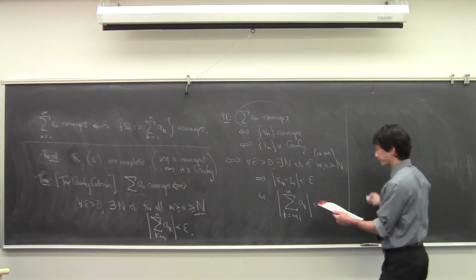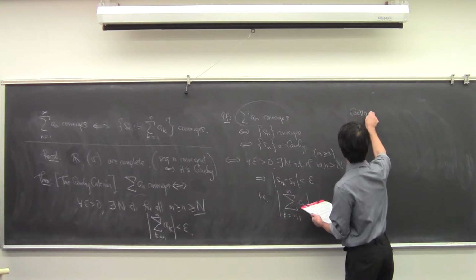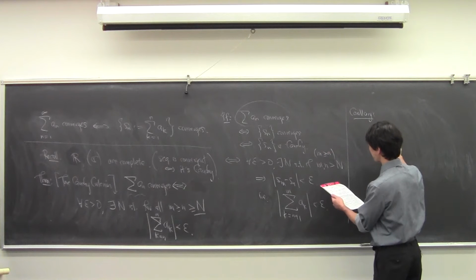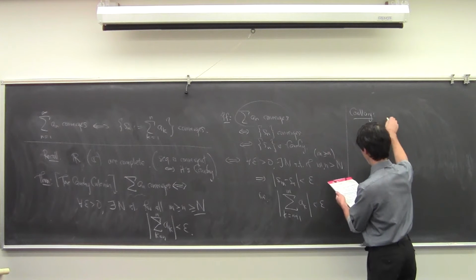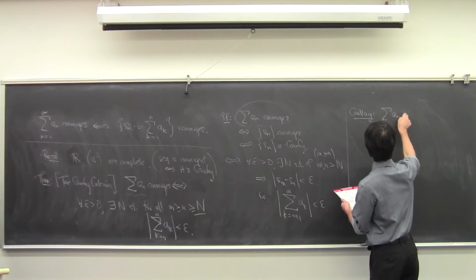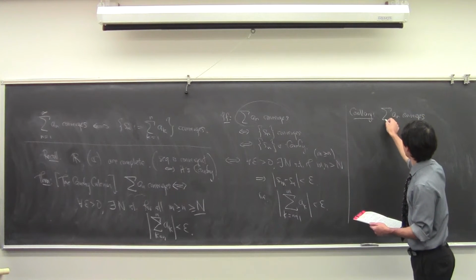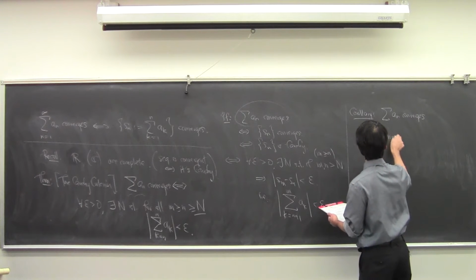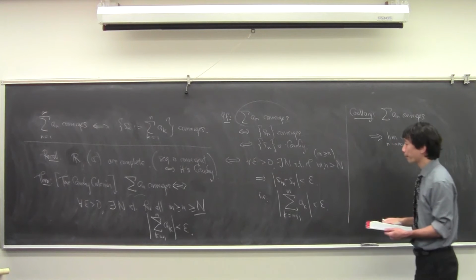Okay. So, in particular, if a series converges, then you know that the limit of a sub n is 0 as n goes to infinity.